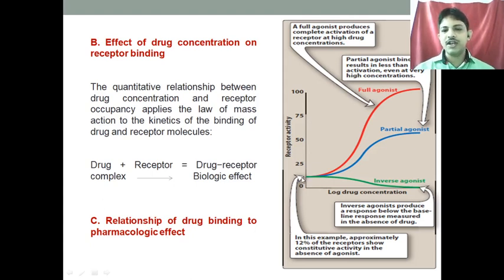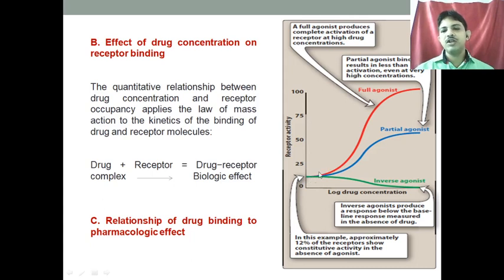As we have discussed, if this is 100% activity, the red color was the full agonist, which produces 100% of the effect. This is zero.